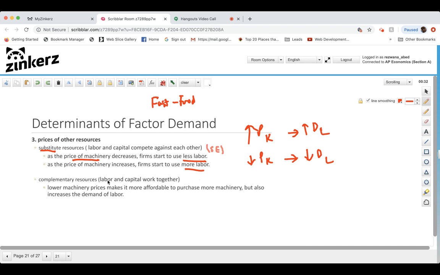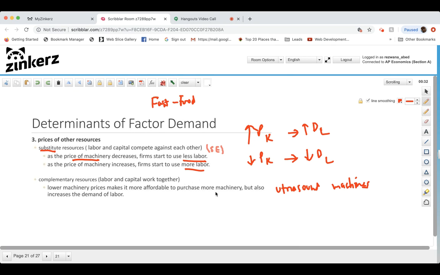And complementary resources are when labor and capital actually go hand in hand. You need one with the other. Okay, so an example of this would be ultrasound machines, right? Ultrasound machines can't really work by themselves. You need a technician to be able to use that machine.